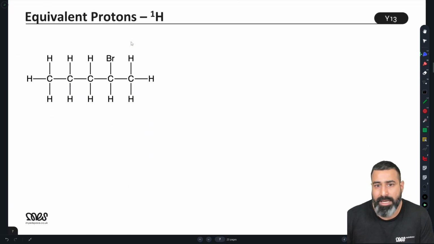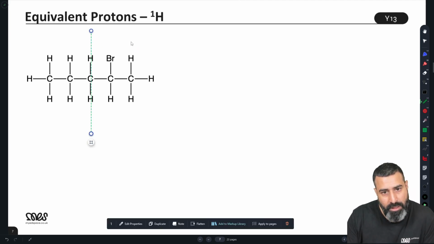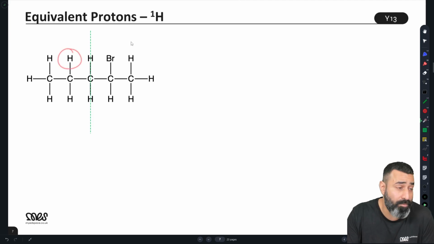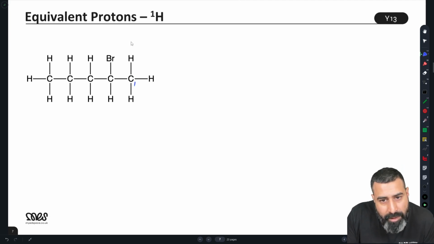Okay, let's have a look at another example. All right, so when I'm looking at this, first thing I'm looking for is, do we have any symmetry? No, if I go slap bang down the middle, that is not symmetrical because I don't have a bromine atom over here, but I do on this side. So let's number 1, 2, 3, 4, 5.